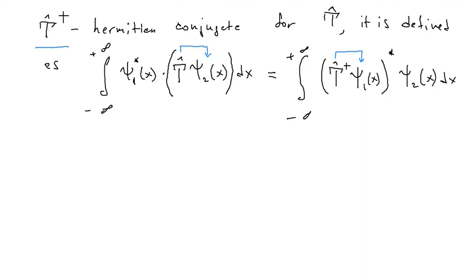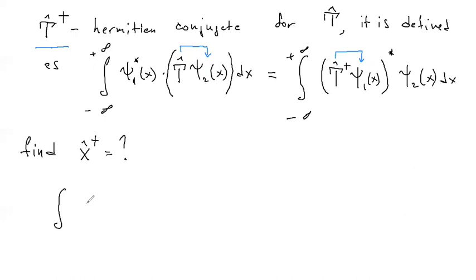So for example, just a couple of examples will be useful, I guess. Can I find the Hermitian conjugation for operator X? I'll try to follow the definition and I can find X hat dagger. So let me start from the left side.